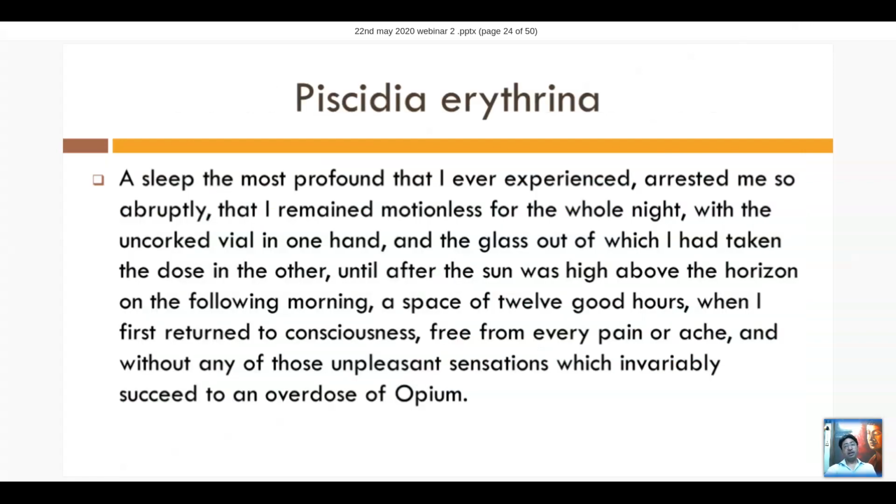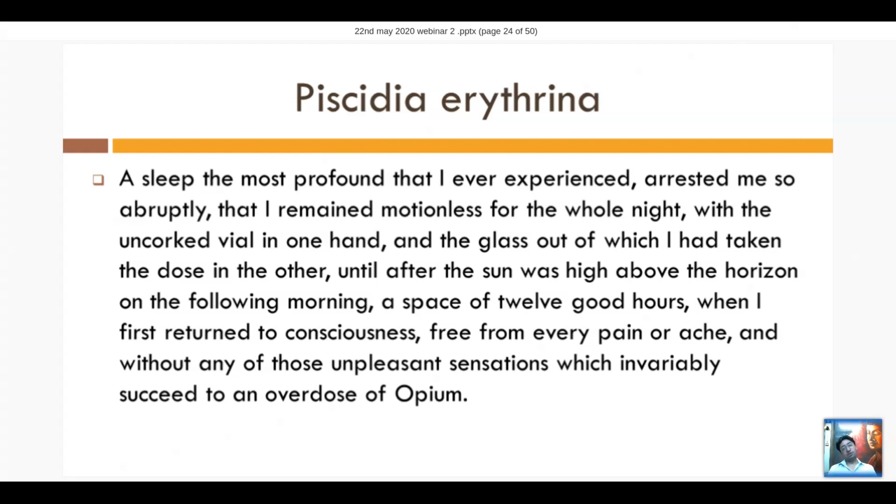Now see, in the last case, we have seen that it is not sleep overpowering, that is just dozing. Whenever he is relaxed, he is dozing. He feels sleepy. So the remedy must have exactly the same symptom. It should not be sleep overpowering, it should be dozing. Now in this case, the sleep is profound.